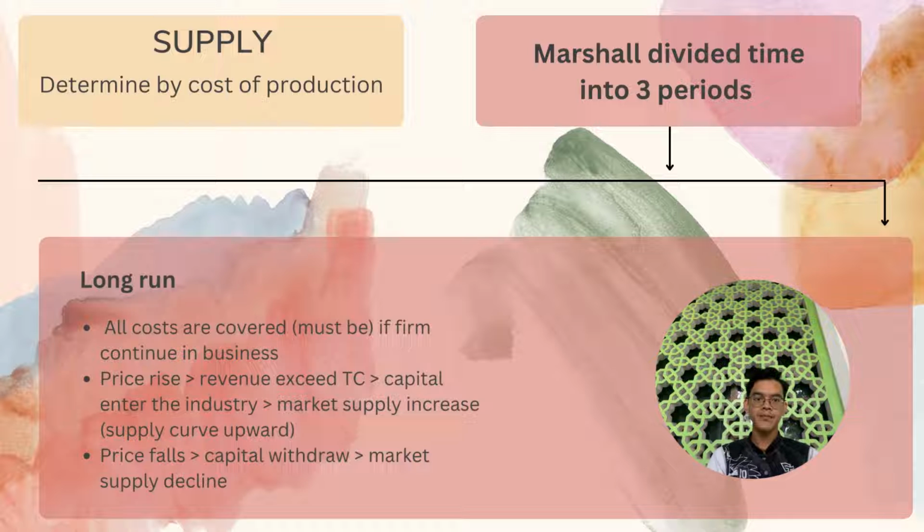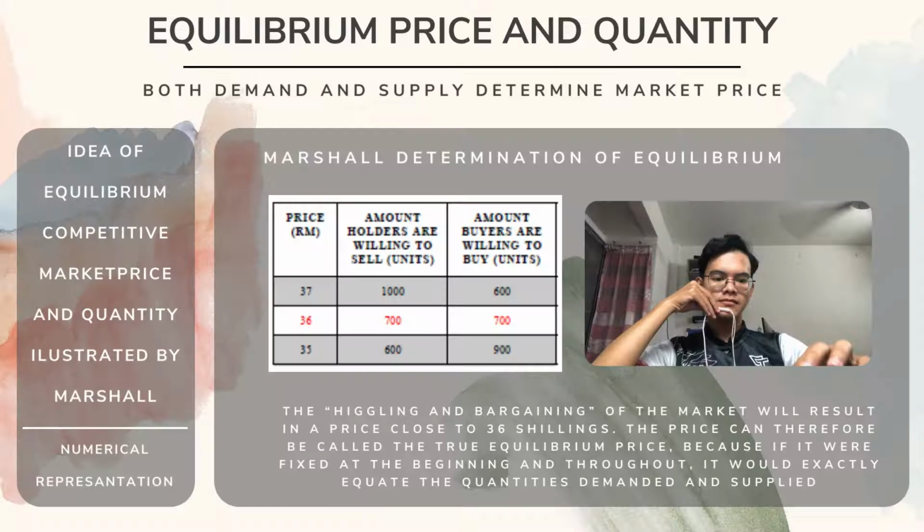So the supply curve will shift rightward. But if the price falls below the average cost of production, capital will withdraw and probably exit the firm, and the supply curve will shift leftward.